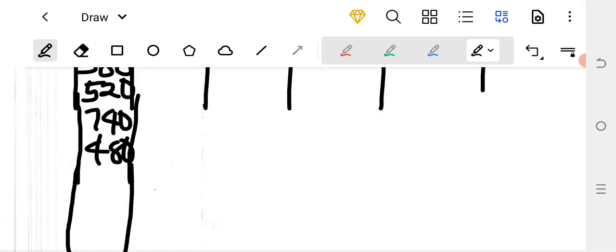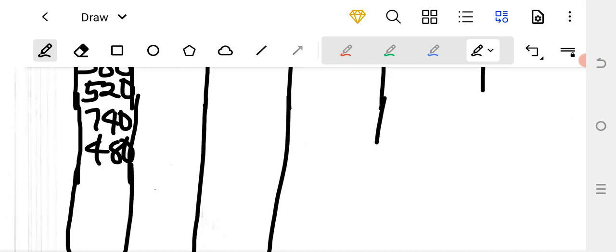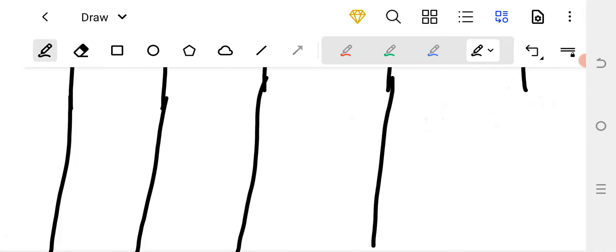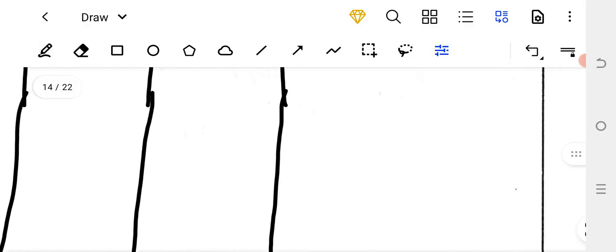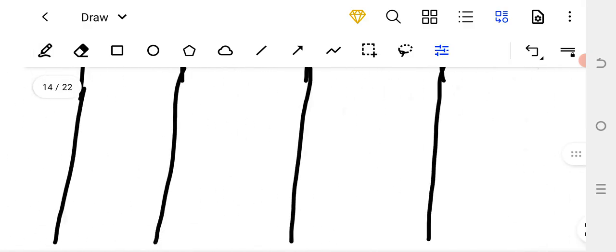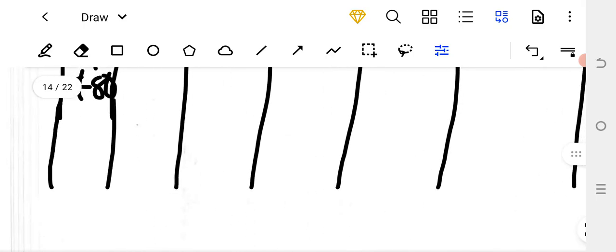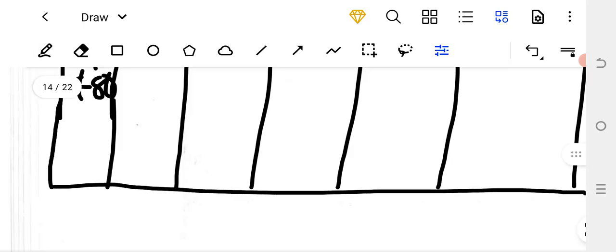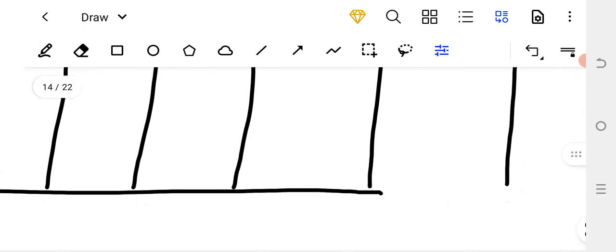And then we'll continue like that. Yeah, so that will be the lowest point this table is going to go.